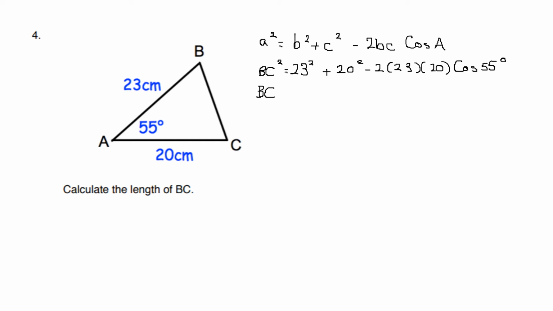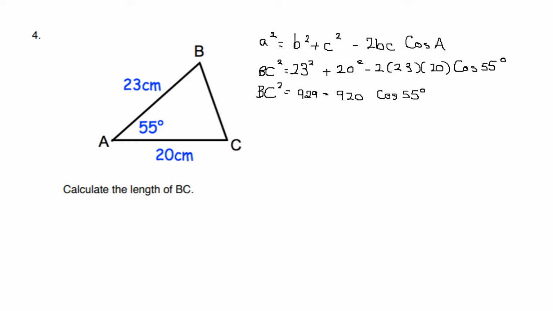So that means that BC squared will be equal to 929 minus 920 cos 55 degrees.